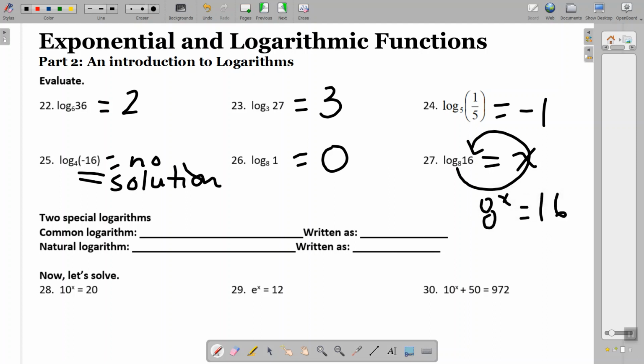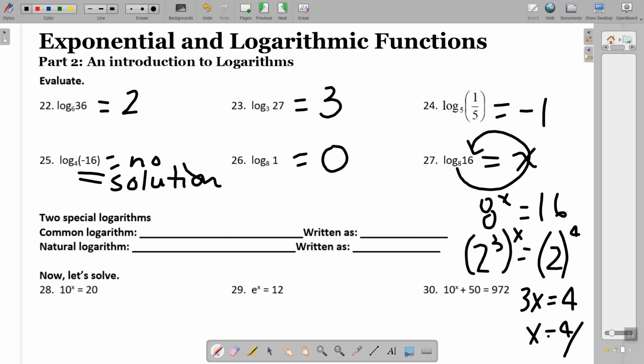Now all of a sudden I have an exponential equation, and if you remember back to the last video, both of these can be written with the same base. 8 is 2 to the 3rd, to the x, and 16 is 2 to the 4th. So now I can drop those bases out and say 3x equals 4, so x equals 4/3. So now I know that my answer up here for x is 4/3.